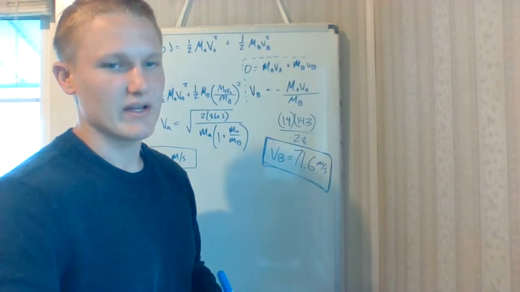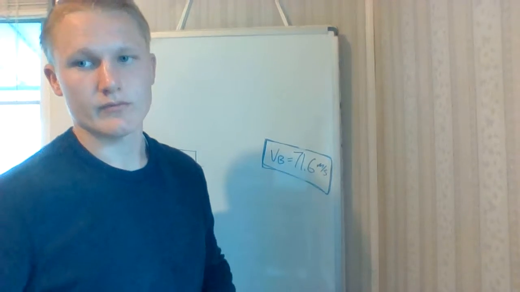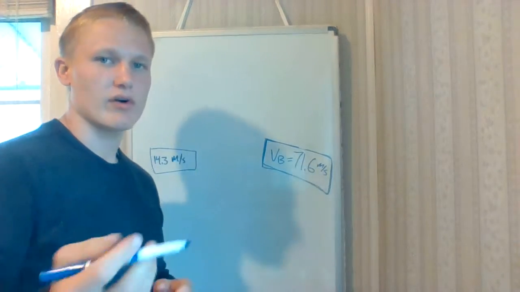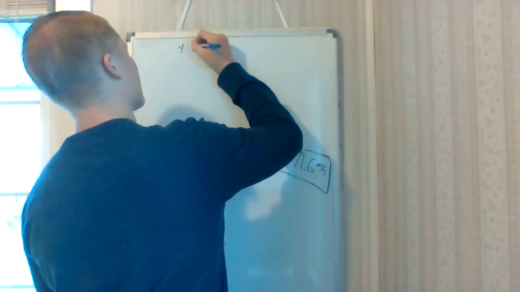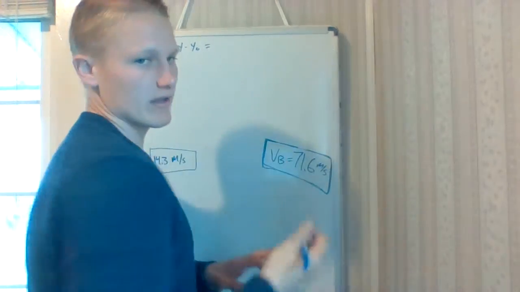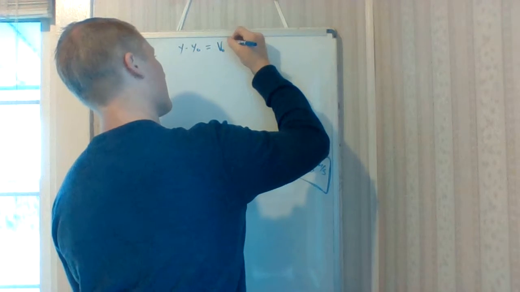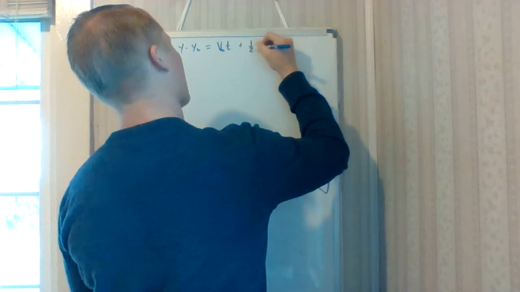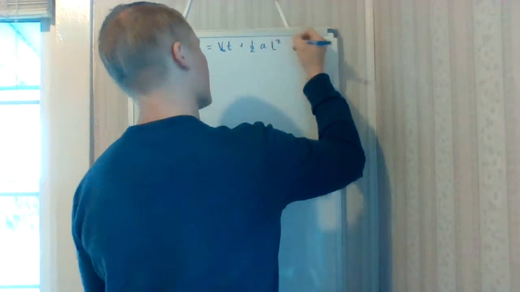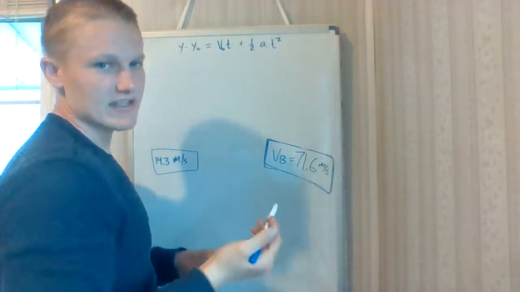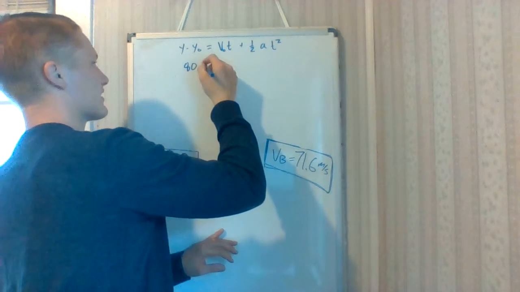So for part B, now we need to find how far apart they land. Now we can use kinematic equations to solve for how long they're in the air. So we have y minus y naught equals v naught t plus 1/2 a t squared. On this side, it's up 80 meters in the air, so the difference will be 80 meters.